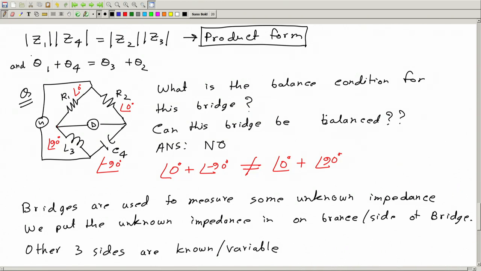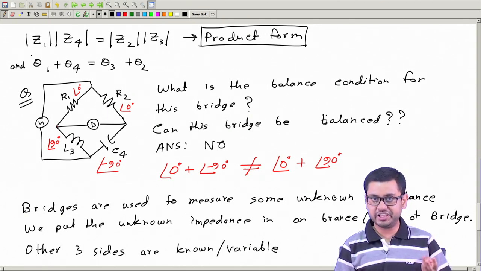Now, in general, our task in electrical measurement will be, given an unknown impedance, to configure or design a bridge with one unknown, of course, and three known and variable branches, to find the balance condition. This is our task.